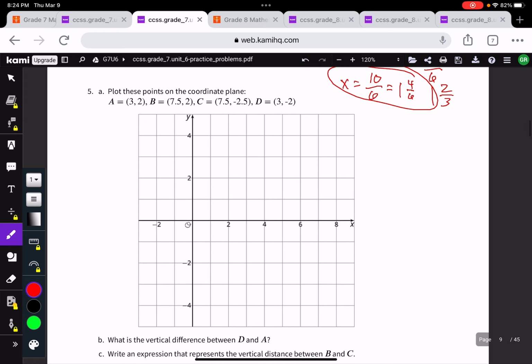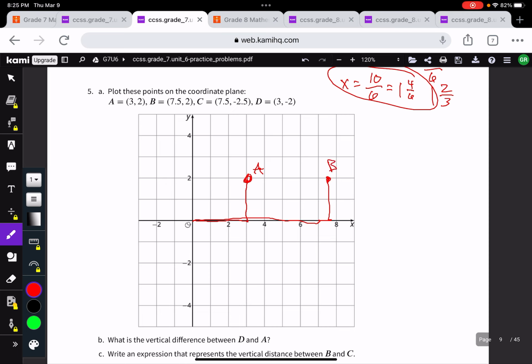And then finally, plot these points on the coordinate plane. If you remember, the first number tells you how far left or right you go, and the second number tells you how far up or down you go. So when it says 3, 2, it means I go right 3, up 2. There's A. 7.5 up 2.